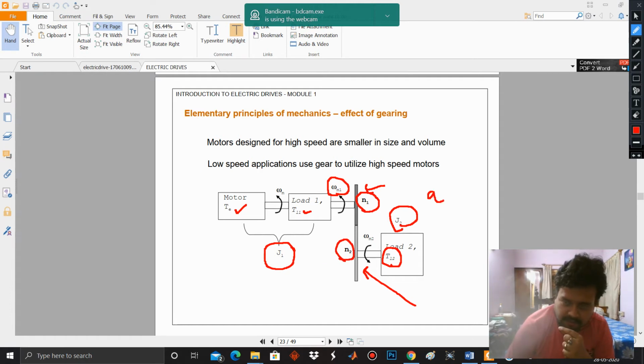So a, which is nothing but the teeth ratio, is equal to N1 by N2. So this is a gear arrangement.